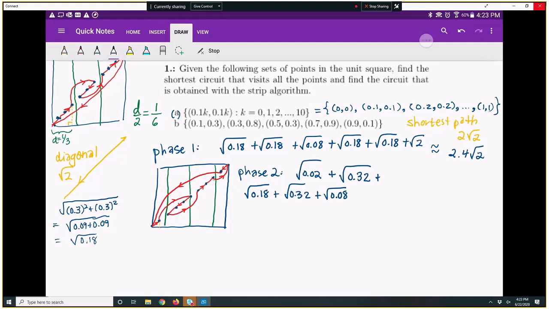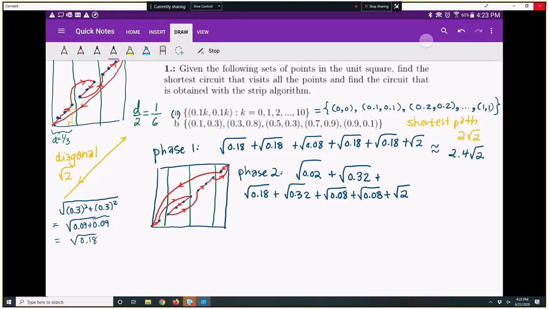And then going from the third strip up to the top corner is another square root of 0.08. Coming back down is square root of 0.02. And actually, from there, we come all the way back down. So I'm just going to write square root of 2.